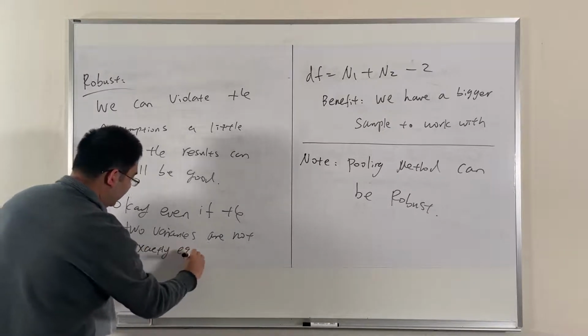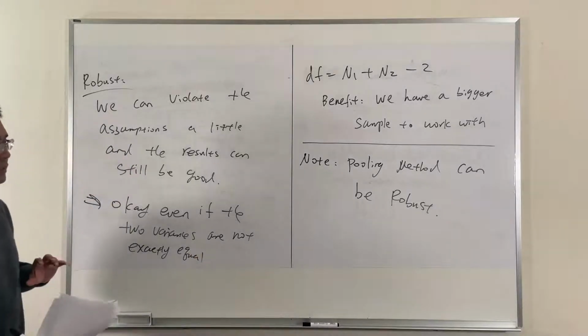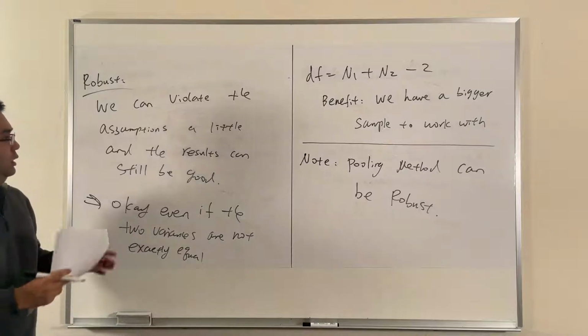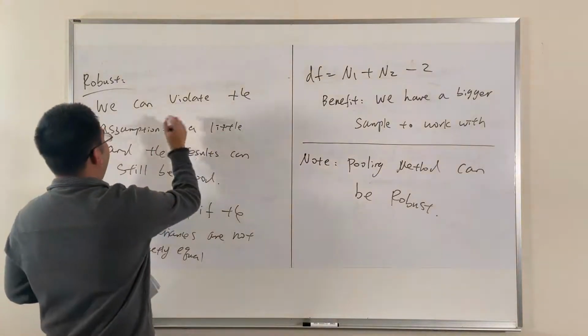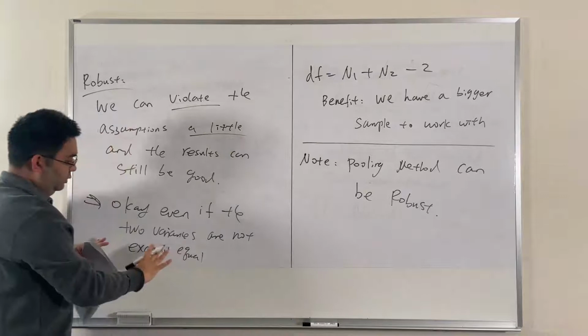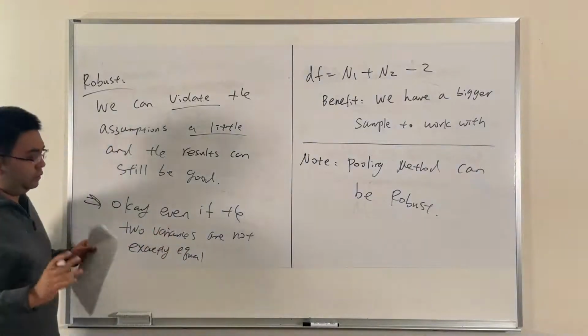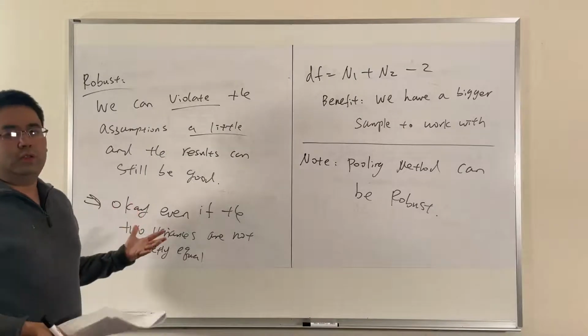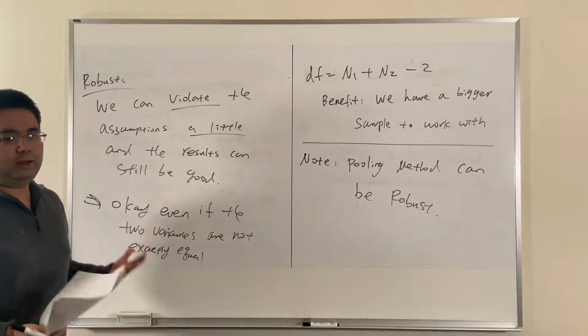It's okay that they're not exactly equal, but not too far apart, because you can only violate a little. Not exactly equal is okay, but not too much. So what is too much, and how much can you violate?